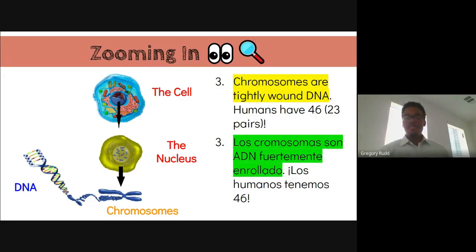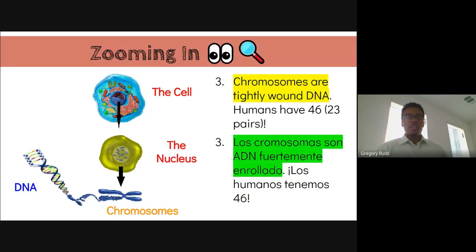And then step 3, chromosomes are tightly wound DNA. Humans have 46. And other organisms have more or less.